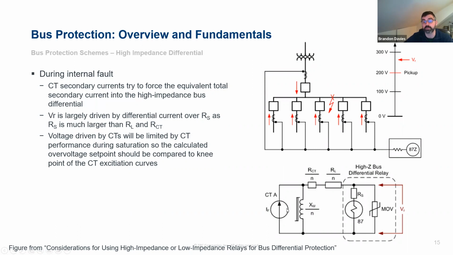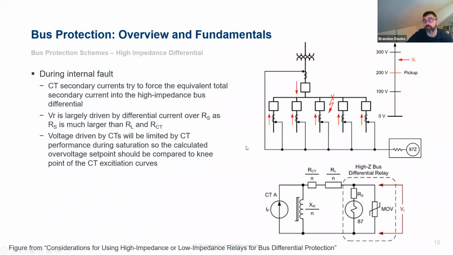CTs are generally designed to carry a burden of 8 ohms or less, and we're putting 2,000 across them. So they're not going to be able to maintain CT accuracy during this, but that's all right, because the only thing we really need is enough current flowing through that stabilizing resistance to get above the pickup.